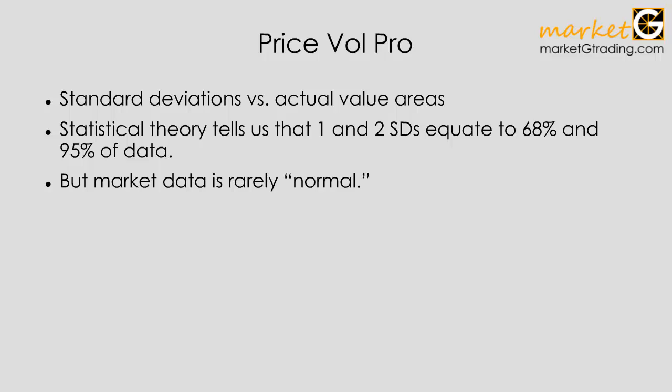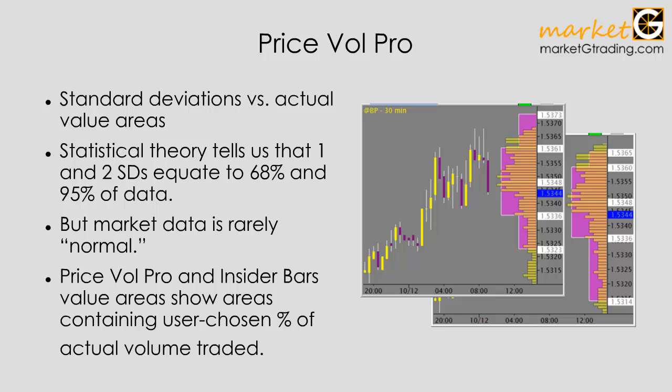But market data, as we know, is rarely normal. PriceVol Pro and Insider Bars' value area calculations now show areas contained within user-chosen percentages of the actual volume traded for the session.